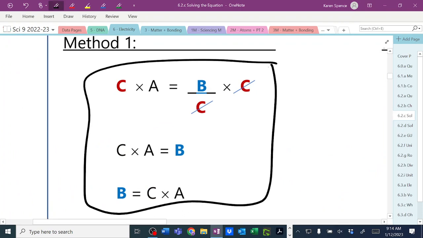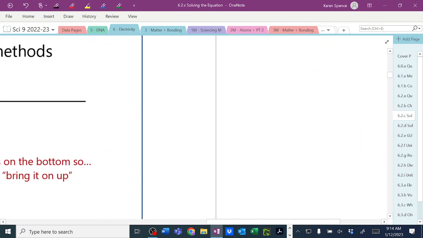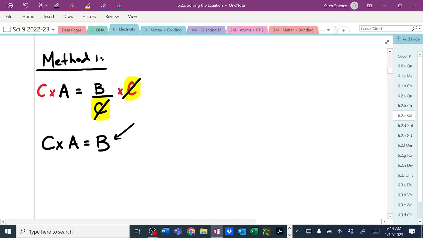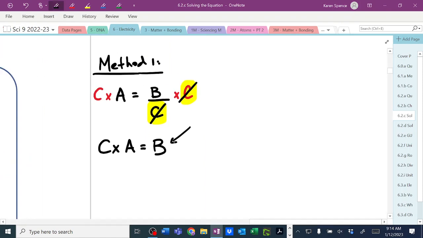Yeah? So it's already there. I'm just showing it step by step because sometimes it's easier to follow. Okay? Yeah. So B is now on the top. It is by itself. What's the third thing we need to do?